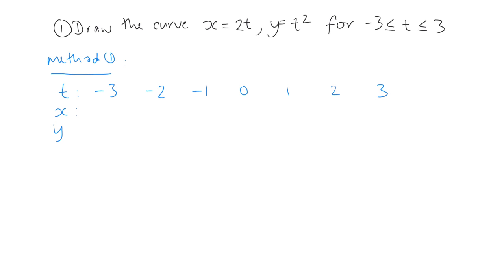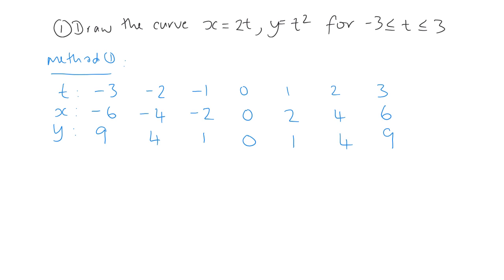So what would our x and y values be at these points? So when t is minus 3, x is 2t, so that'll be minus 6. And this will be minus 4, minus 2, 0, 2, 4, 6. Then y is t squared, so minus 3 squared is 9. This will be 4, 1, 0, 1, 4, 9.